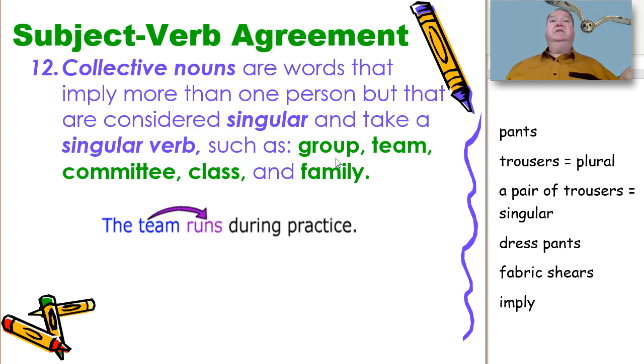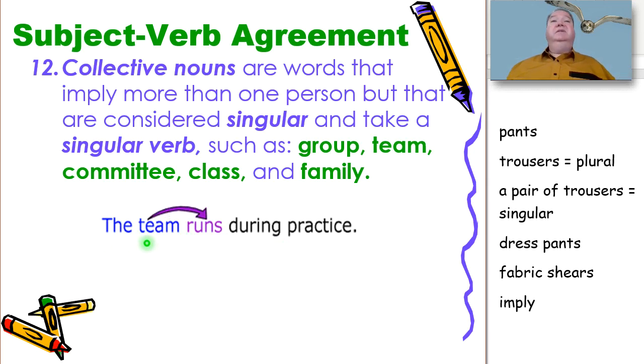Words such as group, team, committee, class, and family. So, for example, in a class, there are many people, but only one class. It's singular. The team runs during practice.